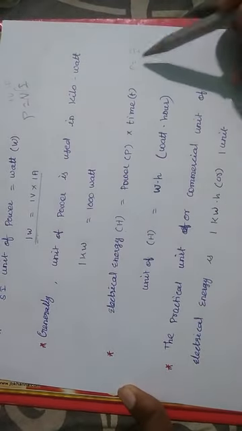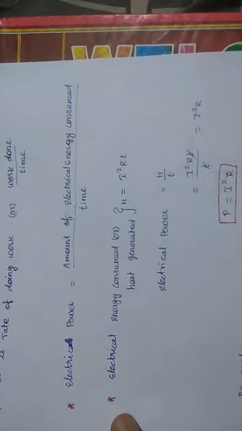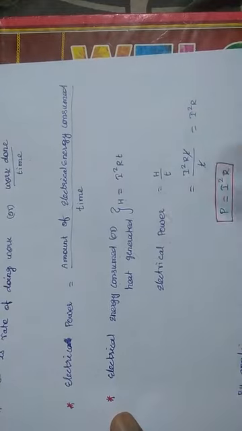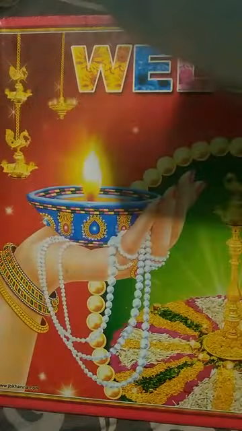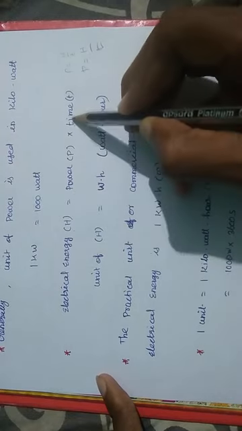From the previous equation, power is equal to H by T. From this expression, we can write electrical energy as equal to power into time.